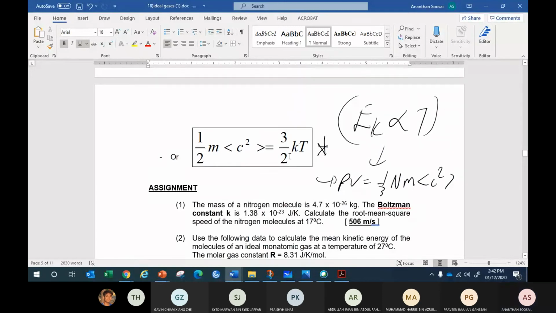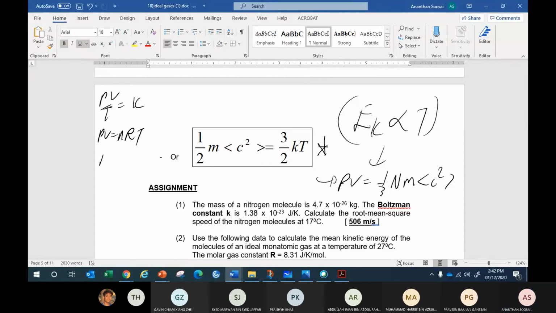Any questions so far? No questions? Okay, as usual, let's recap. What are the formulas you learned in this topic? PV over T is constant. Then PV equals nRT.